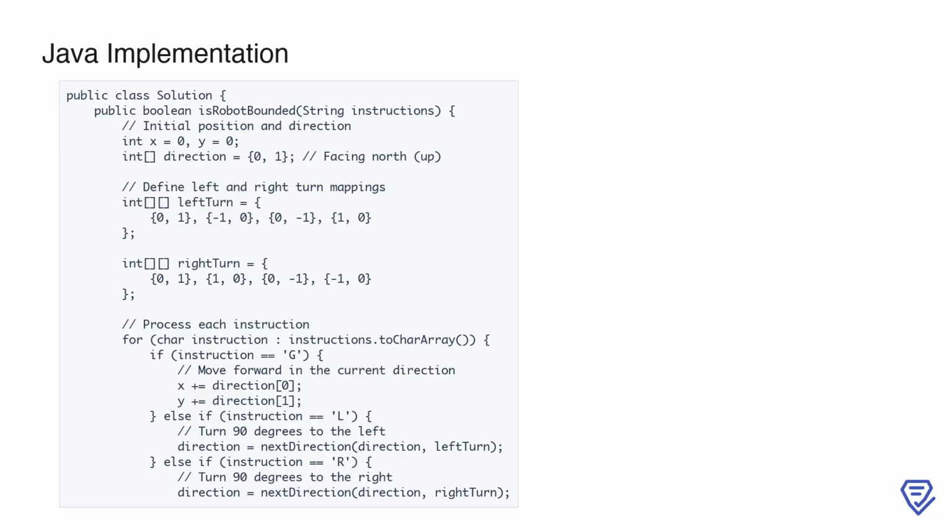Next, we iterate over each instruction in the input string. If the instruction is G, the robot moves forward in its current direction by updating the x and y coordinates. If the instruction is L, the robot turns left by updating its direction using the next direction method and the left turn mapping. Similarly, if the instruction is R, the direction is updated using the right turn mapping.